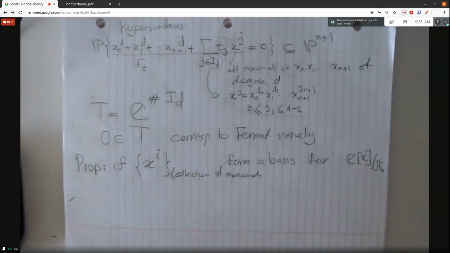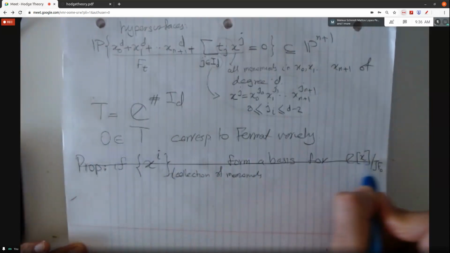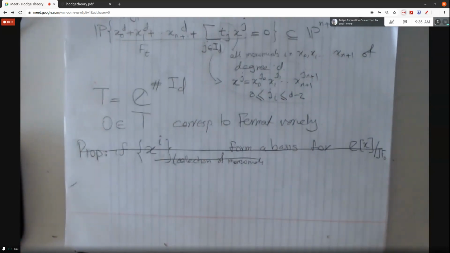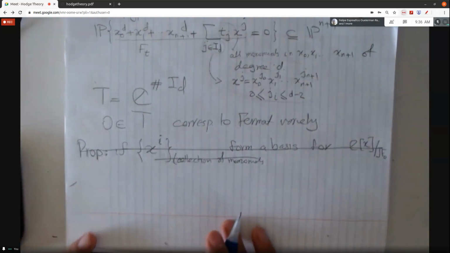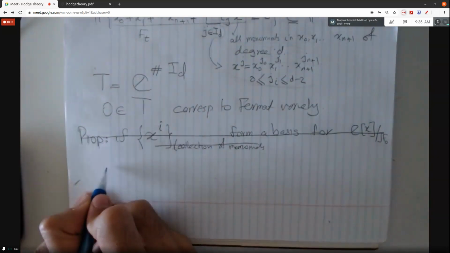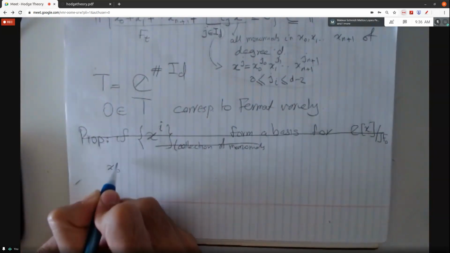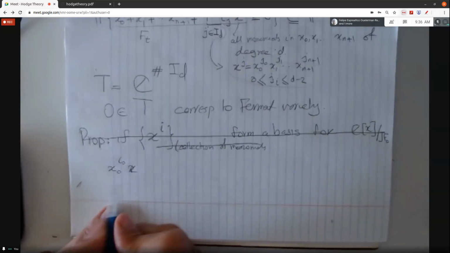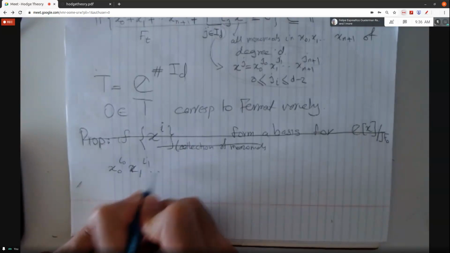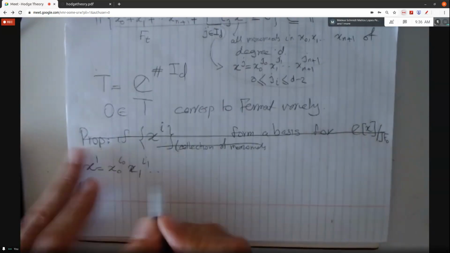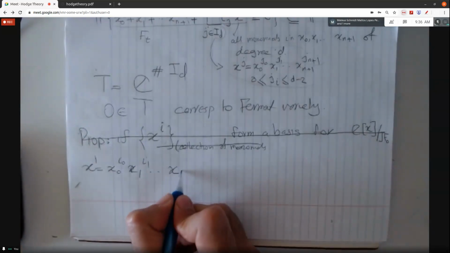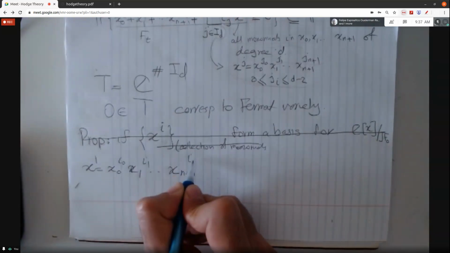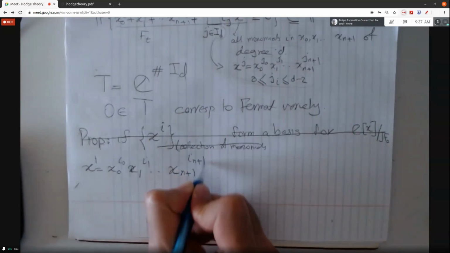Okay, let me for the moment ignore whatever I wrote here. Let me remember: x0 to the I0, x1 to the I1, ..., xn+1 to the In+1.